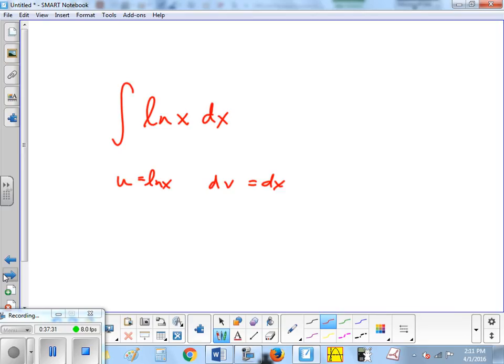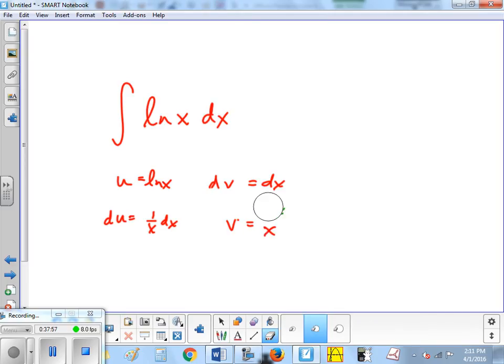Okay, so watch this. What is the derivative of u? 1 over x. What is the antiderivative of dx? So if you integrate both sides like this, you just get v equals x. Okay, so not very interesting on that antiderivative.